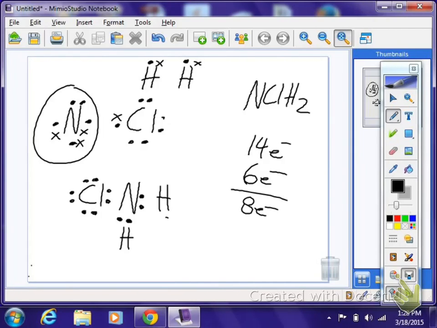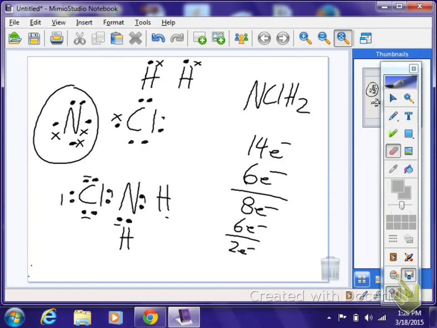So now does chlorine have 8? Okay, so we're okay there. I've taken 6 away from 8 because right now I started out with 14. I'm showing 2, 4, 6, 8, 10, 12. Okay, I'm showing 12 and I started with 14. Does anybody have an idea?